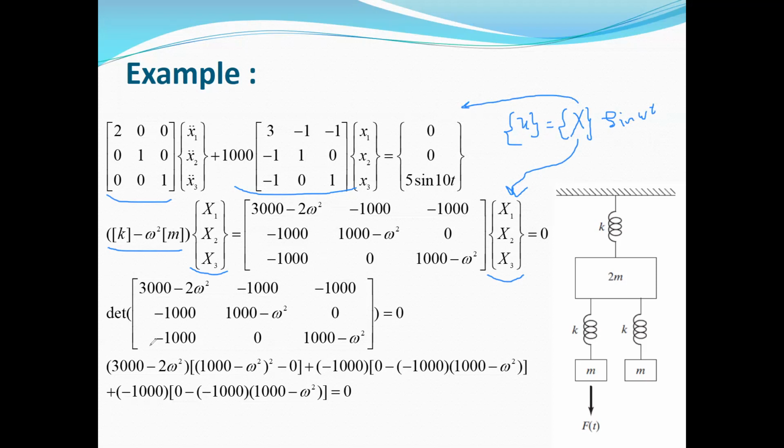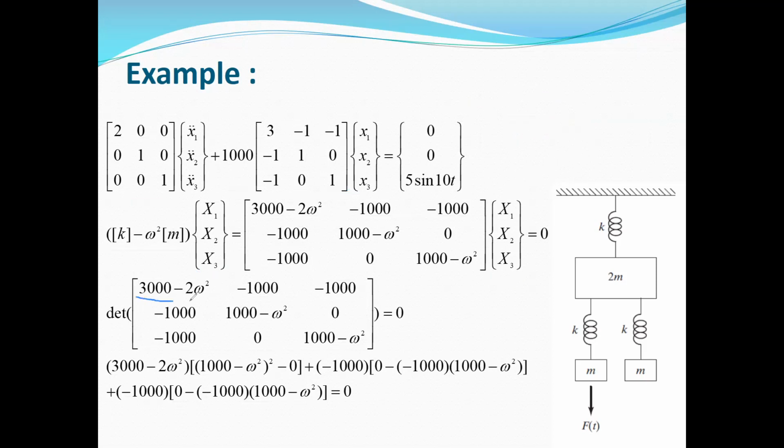So we will have this matrix, the matrix of coefficients. The determinant of this matrix must be equal to 0 for a non-trivial solution. So we need to calculate the determinant of this matrix. The determinant of this matrix is equal to this component multiplied by the determinant of this matrix, minus this component multiplied by the determinant of a matrix whose first column is these two components and the second column is these two components.